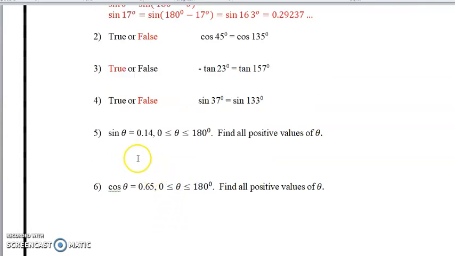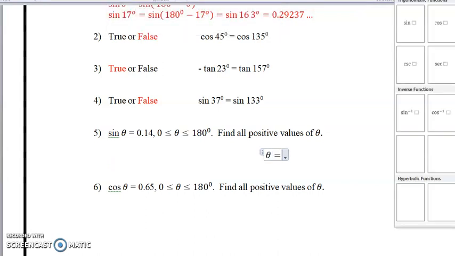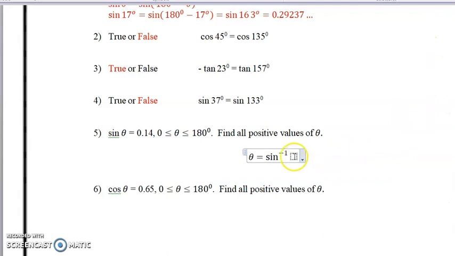Next one, if sine theta is equal to 0.14, what are all the positive values? Well, first we'll do it on the calculator. So we take our theta, and that's equal to the inverse sine of 0.14.